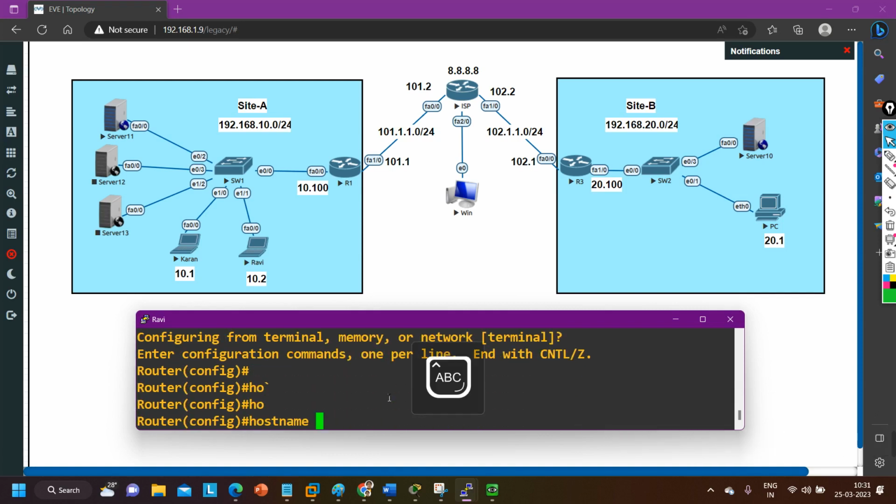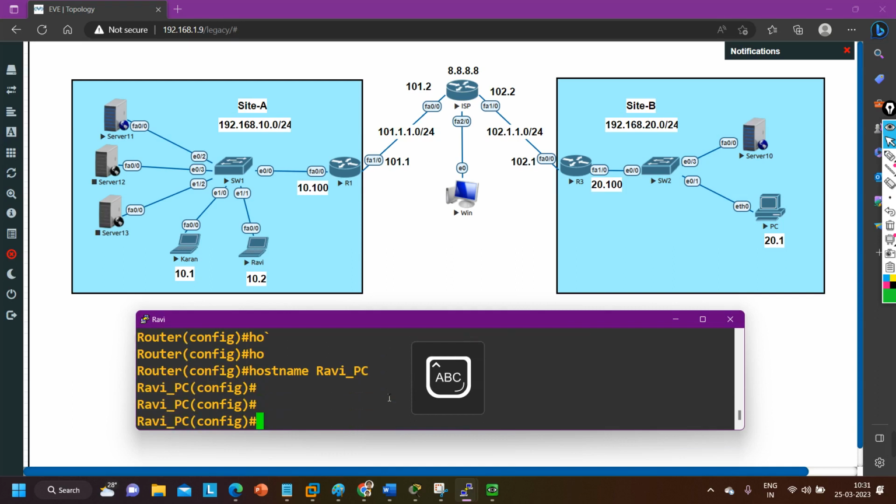Okay, enable, config t, hostname. Actually this is a router, this is not a PC, so here I am going to run no ip routing. Let's say Ruby_PC.